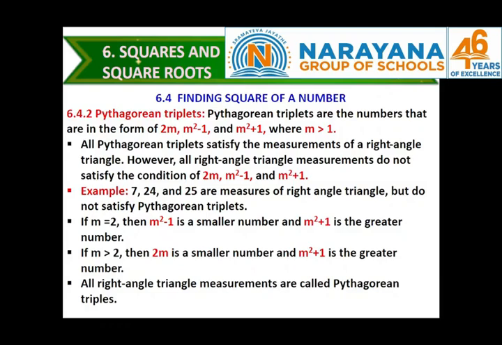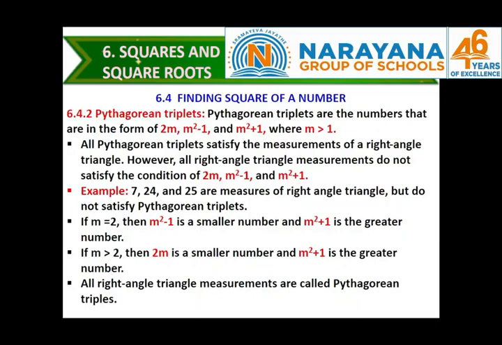All Pythagorean triplets satisfy the measurements of a right angle triangle. However, all right angle triangle measurements do not satisfy the condition of 2m, m square minus 1 and m square plus 1.